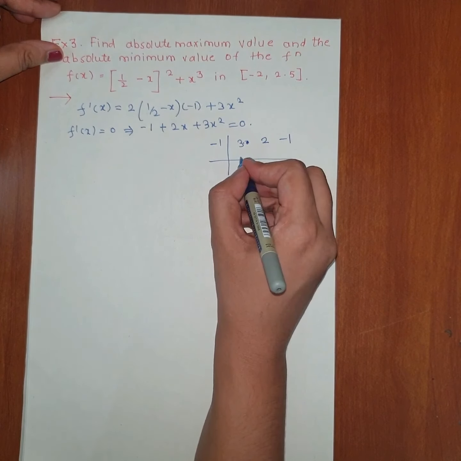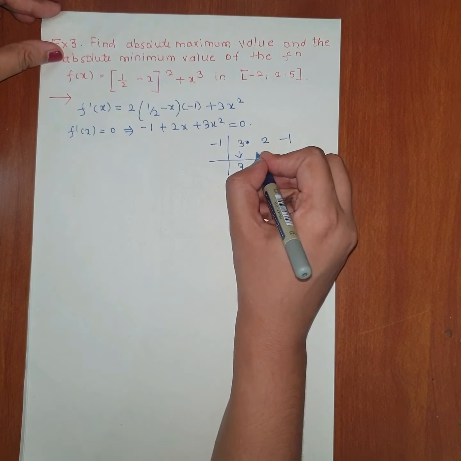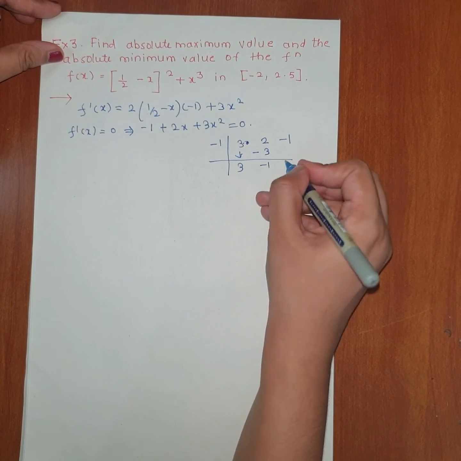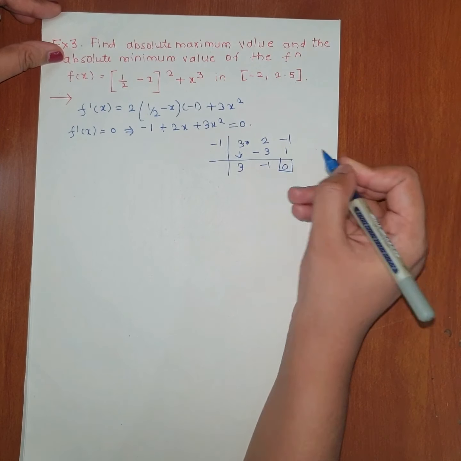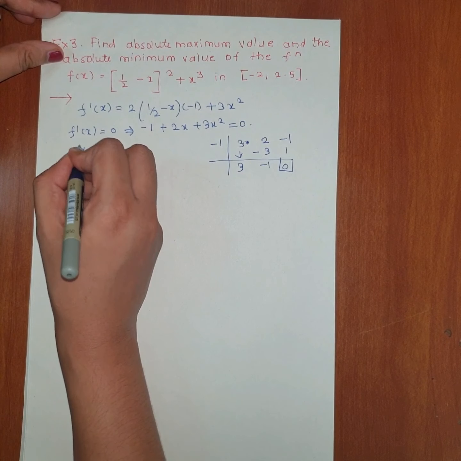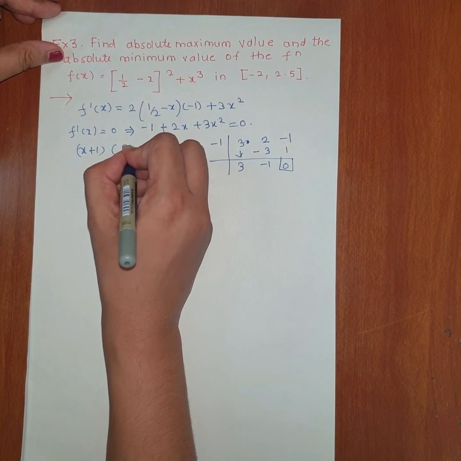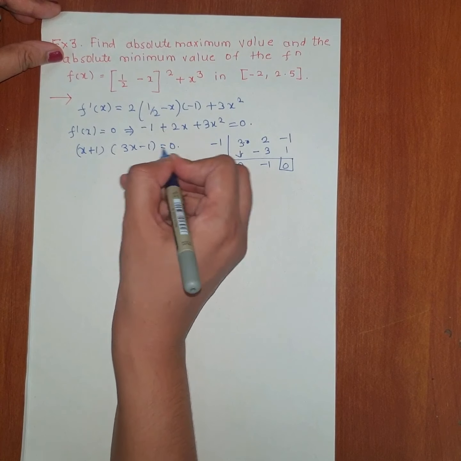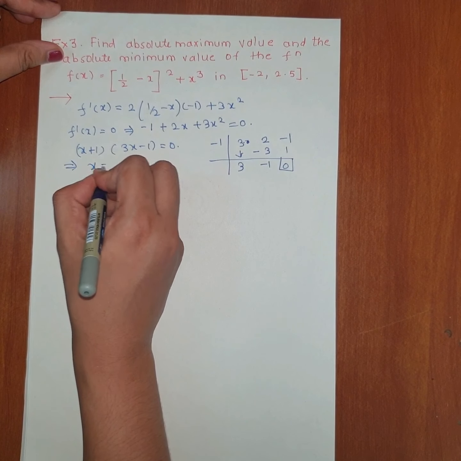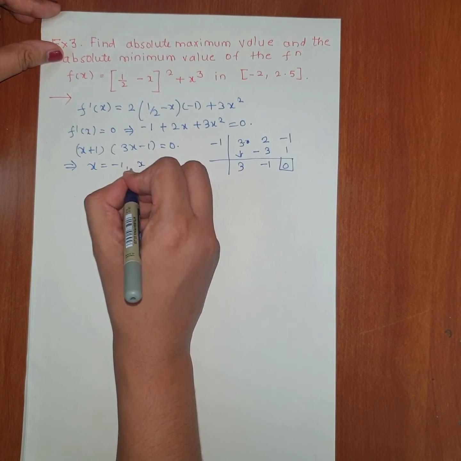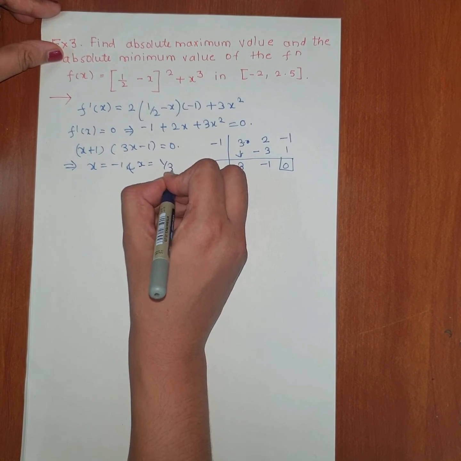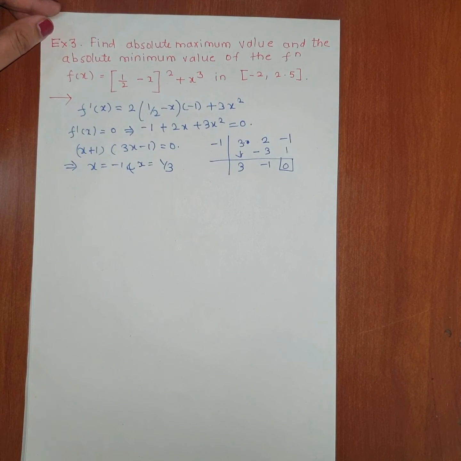So I will take minus 1. So this is 3, minus 3, and this is minus 1, 1. So x plus 1 is one factor and 3x minus 1 is another factor. So I get x equal to minus 1 and x equal to 1 by 3 as the stationary points.